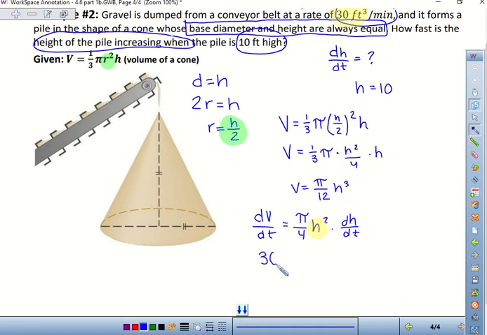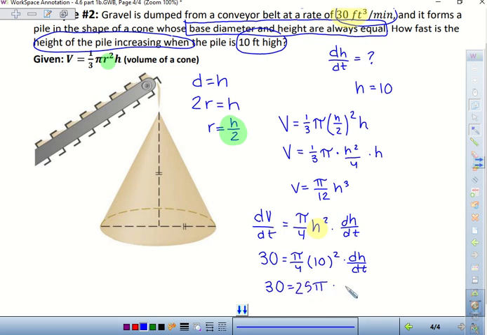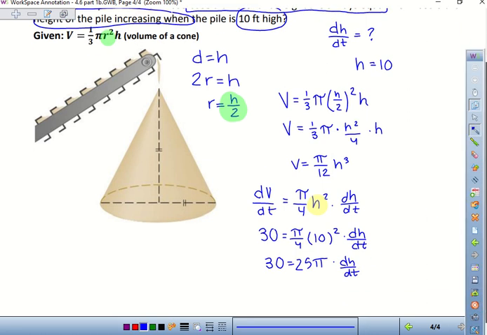I'm going to put them in at the end. So this becomes 100. What's 100 divided by 4? 25. So I end up with 25 pi times dh/dt equals 30 feet per minute.